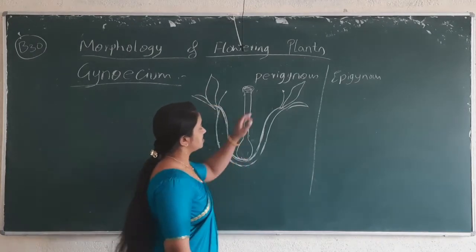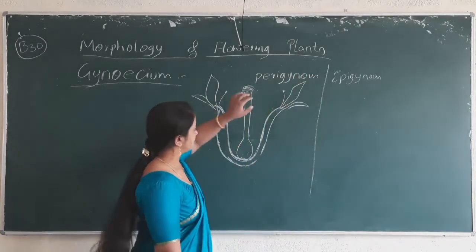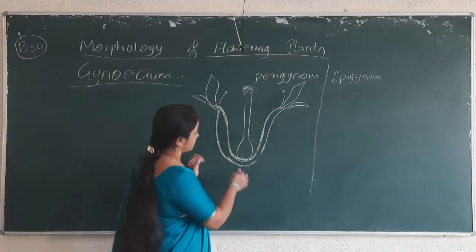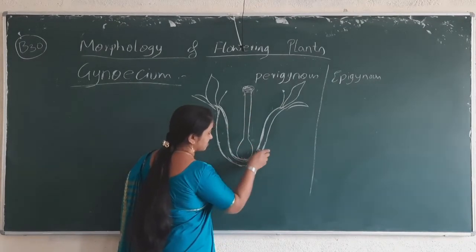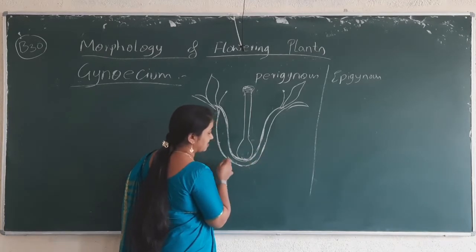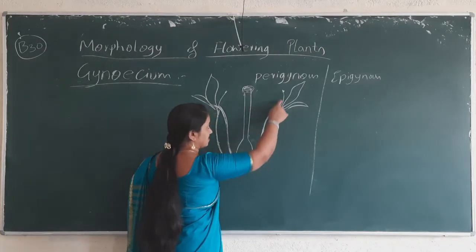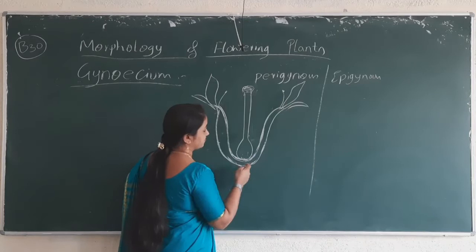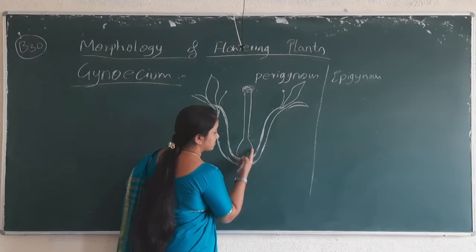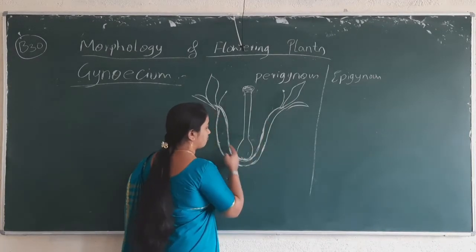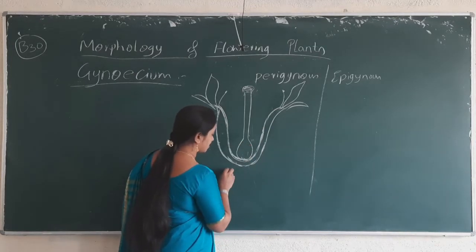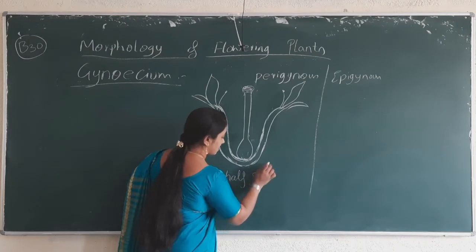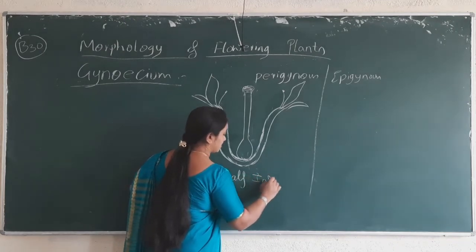So here in the perigynous condition, the ovary will be present here and the thalamus. The thalamus and all the other parts of the flower grow from the ring around the ovary, so that the ovary is known as half inferior.